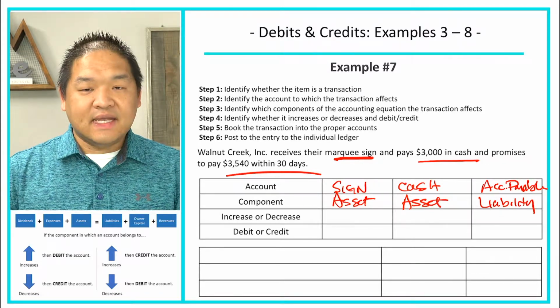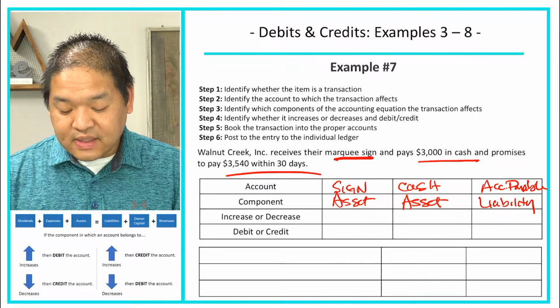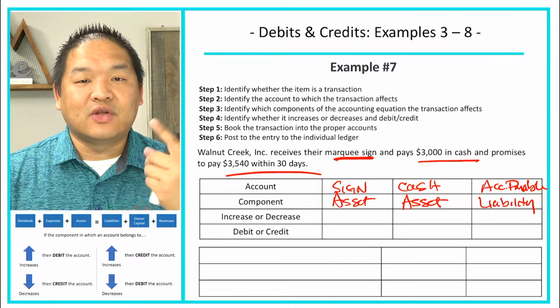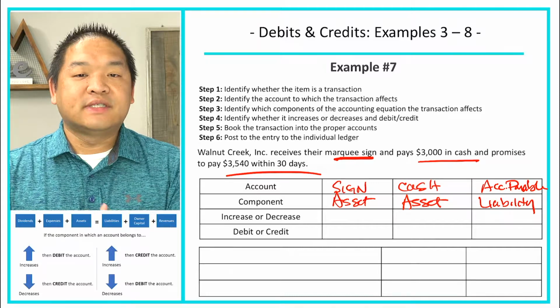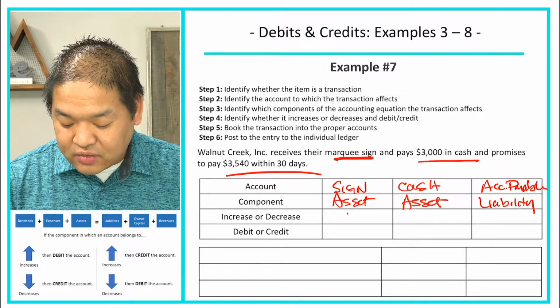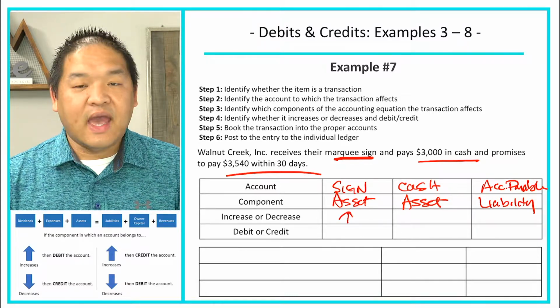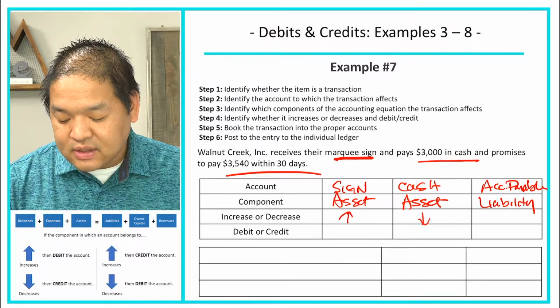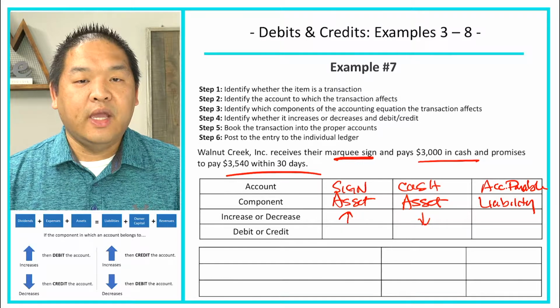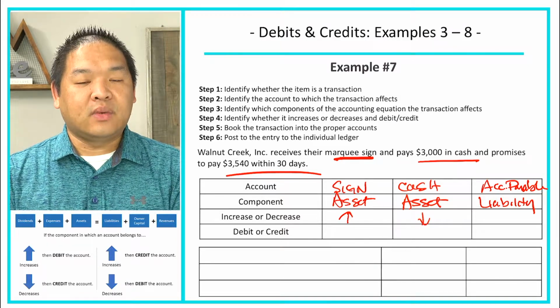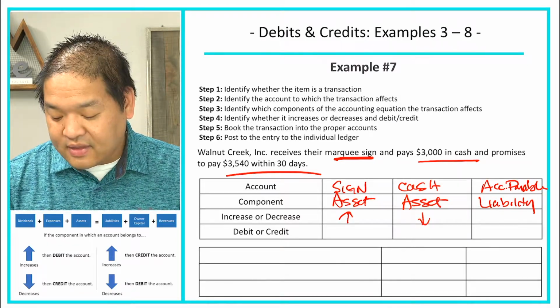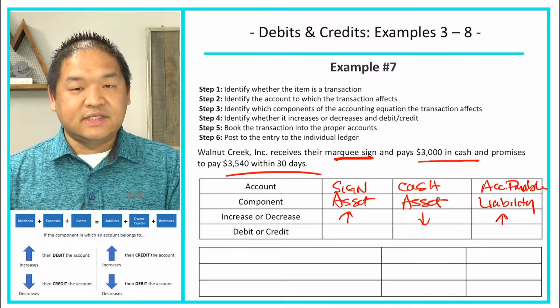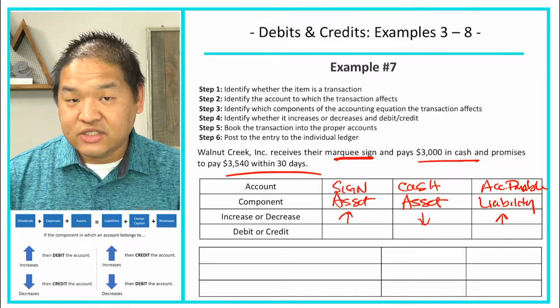So sign's an asset, cash is an asset, accounts payable is a liability. All right, does the sign increase or decrease? Well, we're receiving more, so that's going to increase. Cash, we are paying it, so that's going to decrease. And then the liability, we owe it, so it means that we're going to owe more. Because of that, that's going to increase. So we have an increase, decrease, and increase, and that's okay.